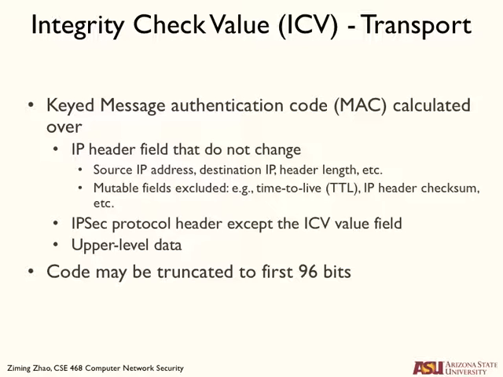We may use MD5, we may use SHA-1. So usually they are like 196 bits or 256 bits. But in the IPSec specs, they don't want to use the full hash value. So they allow you to truncate that hash value, just take maybe the first half of it. So usually just 96 bits of it.